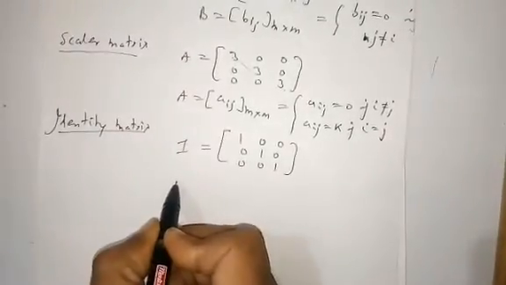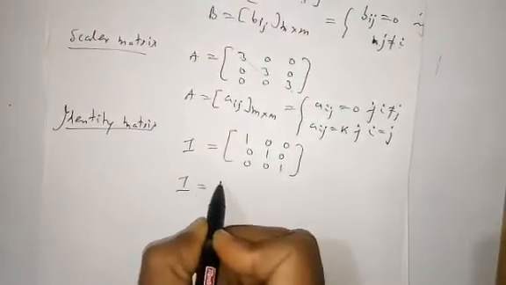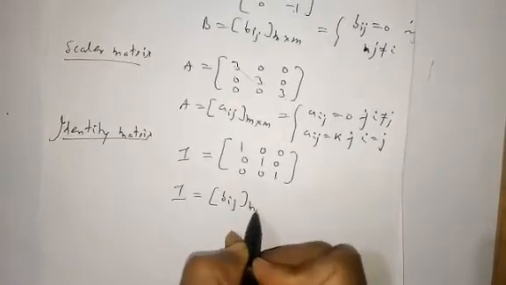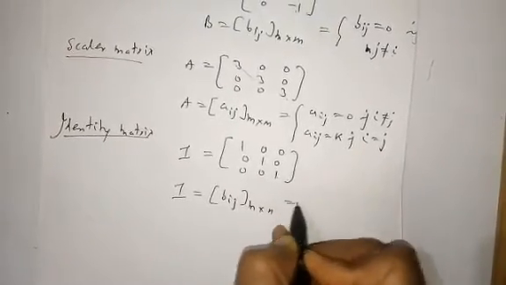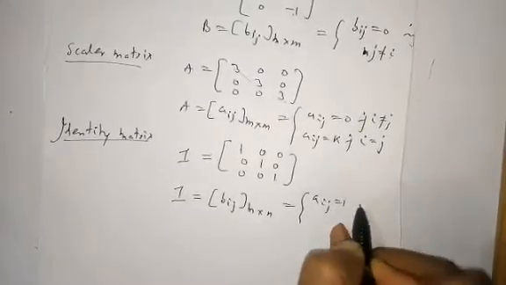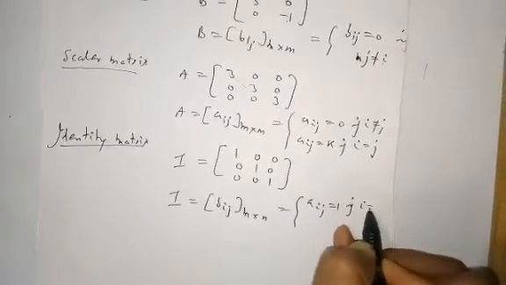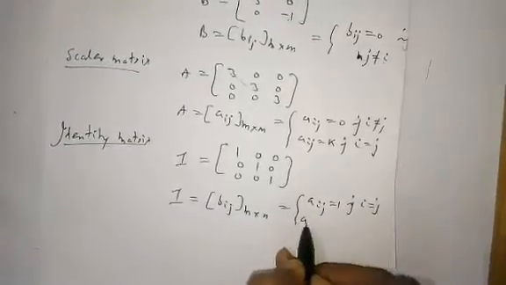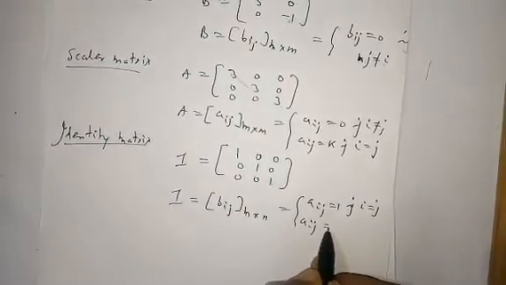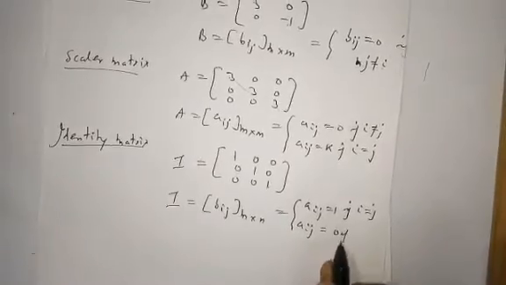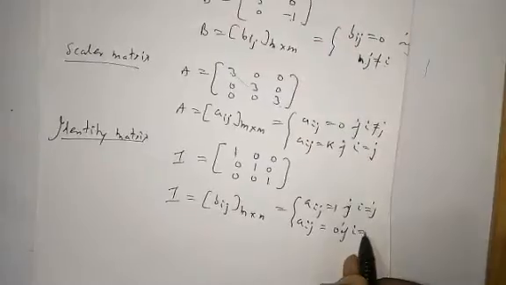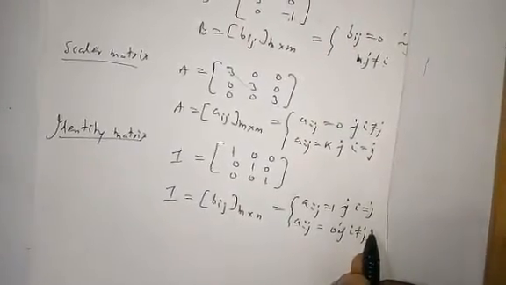So generally we write this one like this: Aij equals 1 if i equals j. Aij is equal to 0 if i is not equal to j.